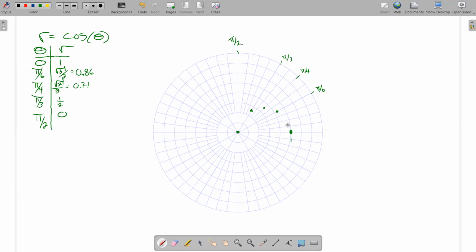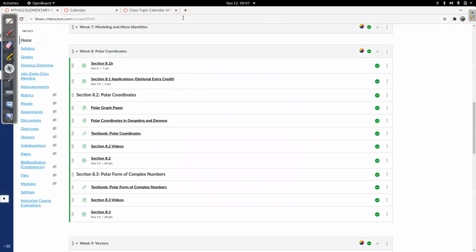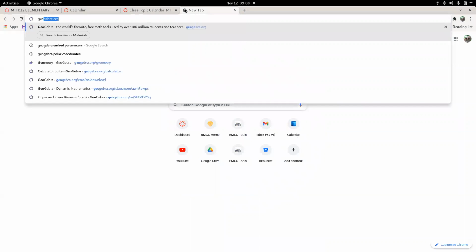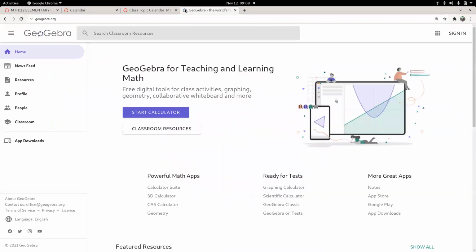So interesting shape there. In between 0 and pi over 6 would be pi over 12. Kind of curious where that one lies. Time for a calculator for that. I'm going to use GeoGebra today because I like the way it graphs polar stuff, because I can actually do polar points.